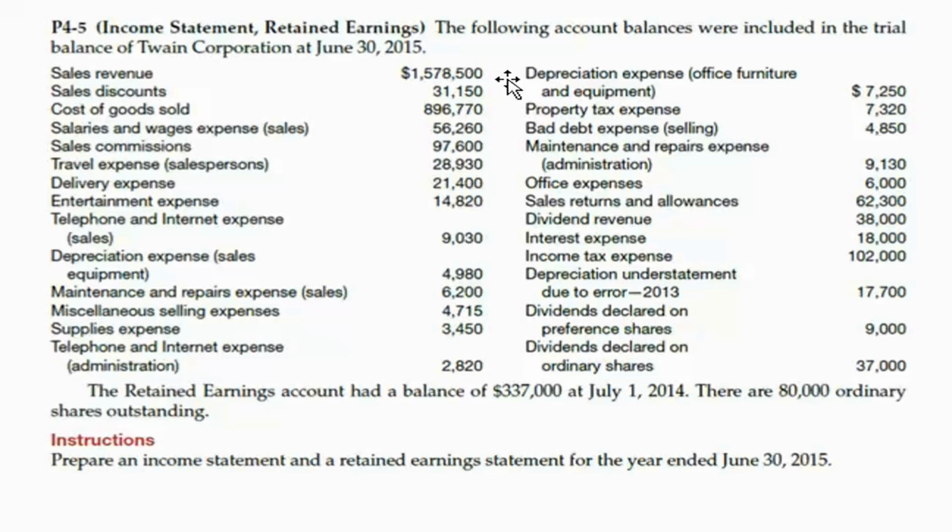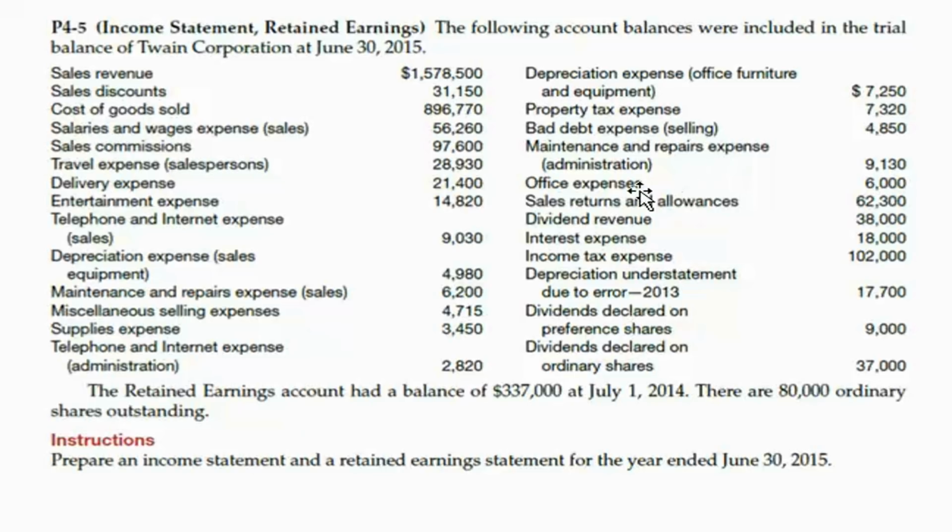Bad debt expense, specified as selling, so it is a sales expense. Maintenance and repairs expense, between brackets administration, so this item will be administrative expenses.